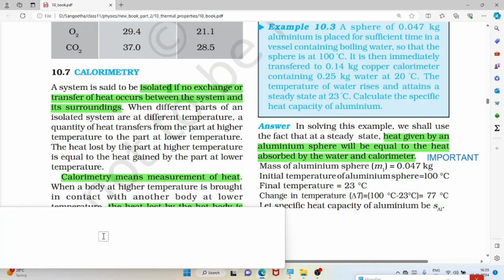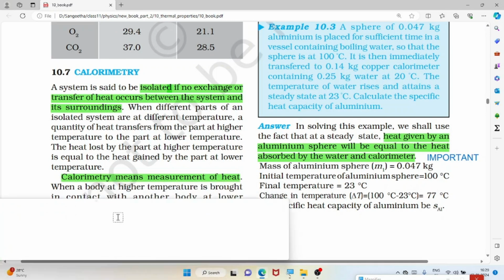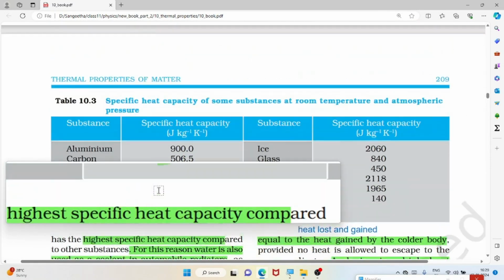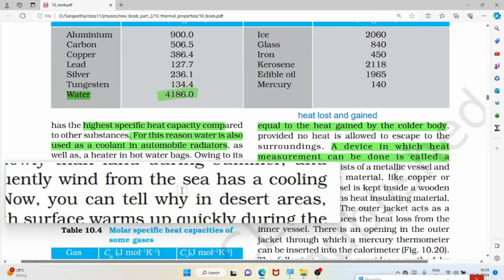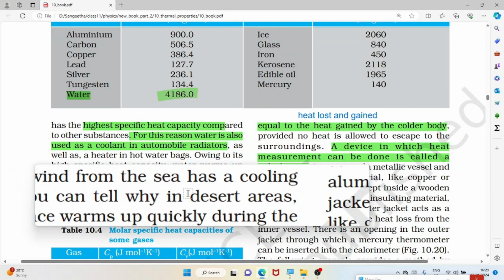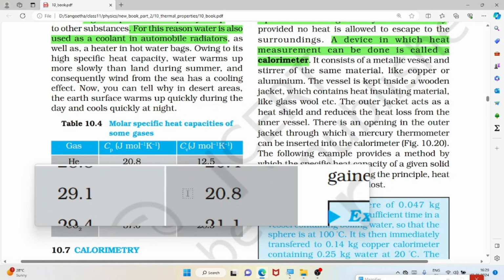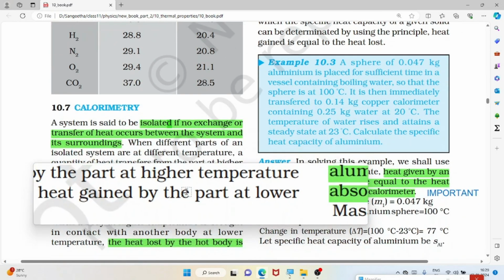Calorimetry is used for the measurement of heat. Heat lost by one body is heat gained by the other body. Heat lost by the hot body is equal to heat gained by the cooler body. To measure the heat we use a calorimeter.